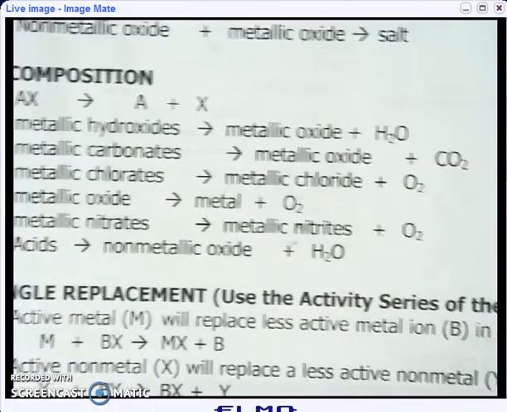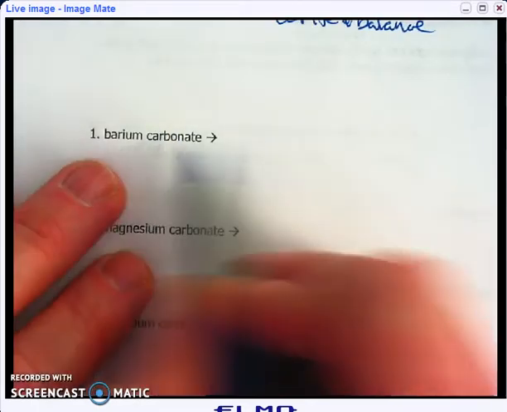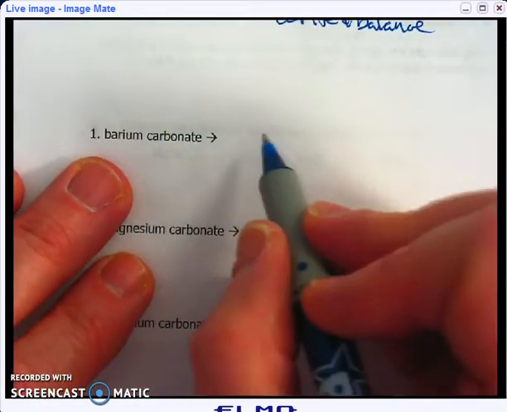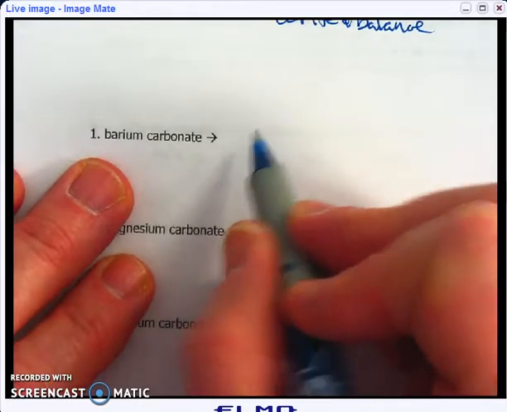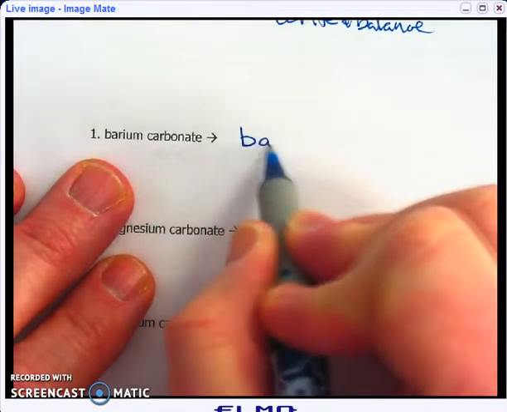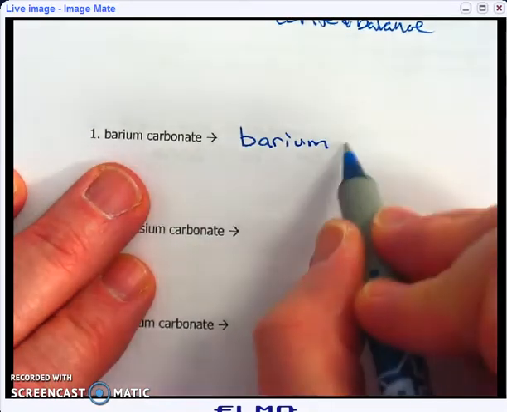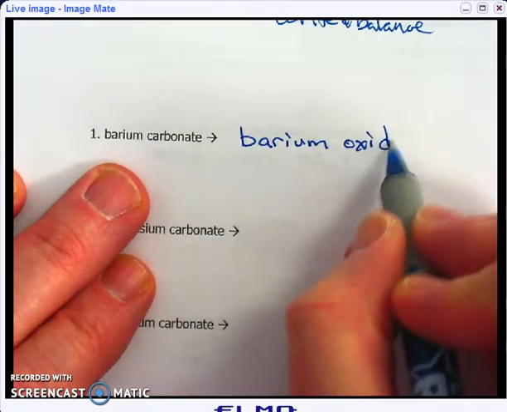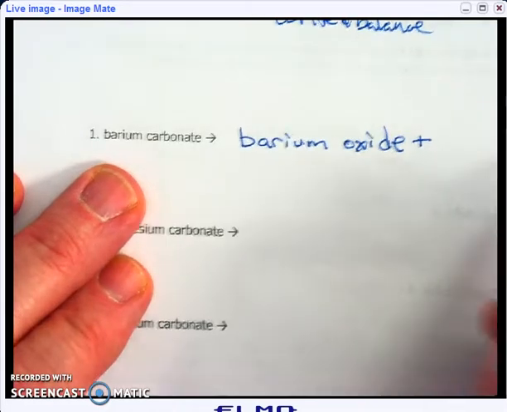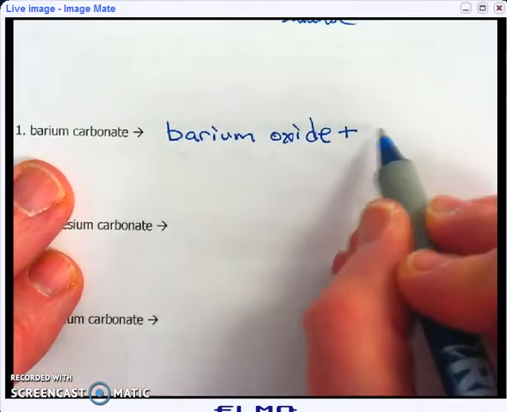Metal oxide and carbon dioxide, right? So what would be the metal oxide? Barium oxide, yes. It's the same metal. We're just changing it from a carbonate to an oxide and carbon dioxide.